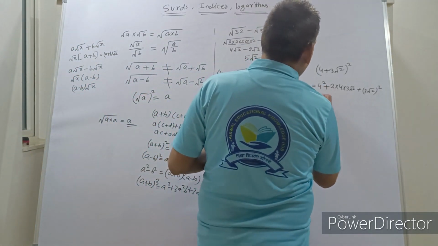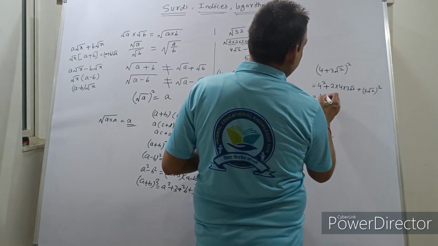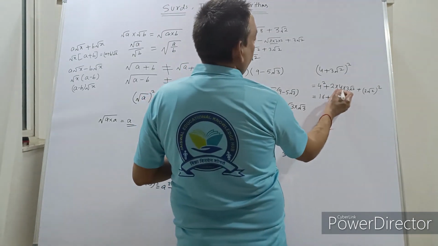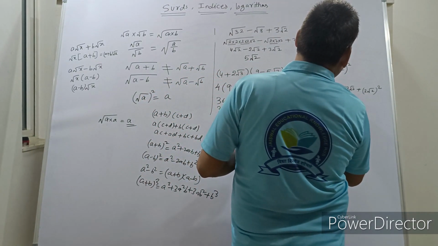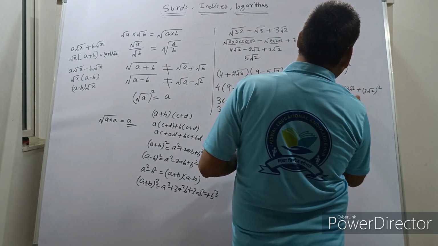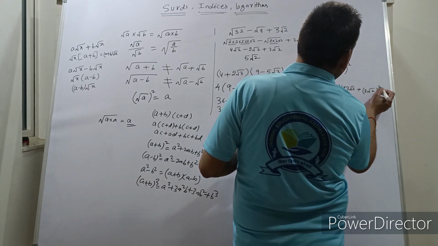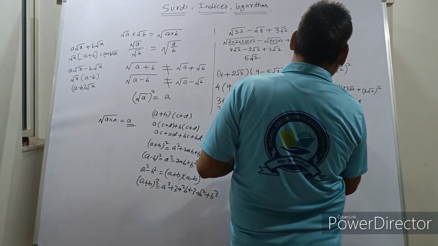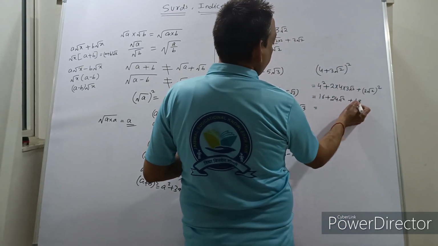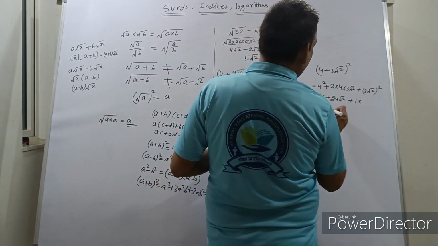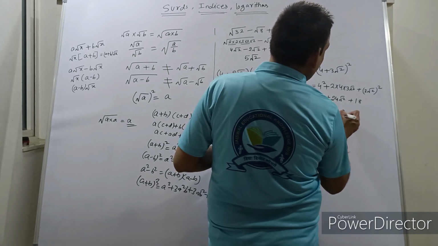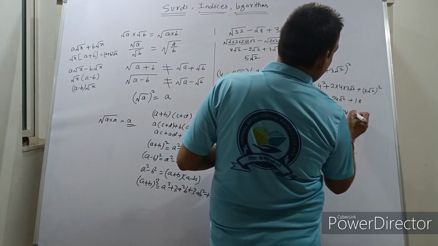What is 4 square? 4 into 4 gives you 16, plus 2 fours are 8, 8 threes are 24, so 24 root 2, plus 3 square is 9, root 2 square is 2, 9 twos are 18. Now 16 plus 18 is 34, plus 24 root 2.